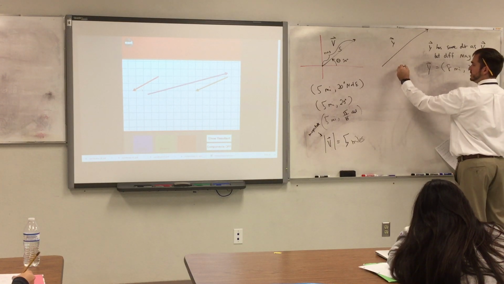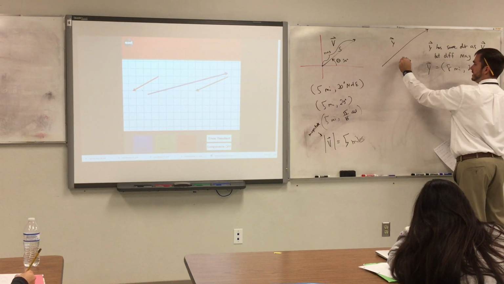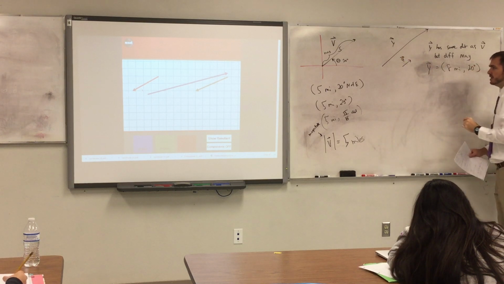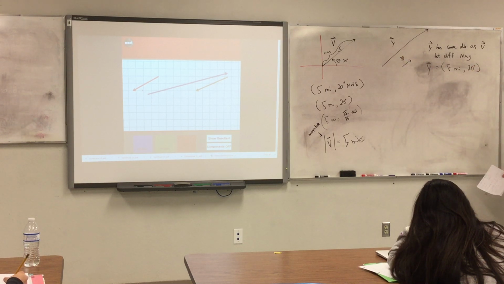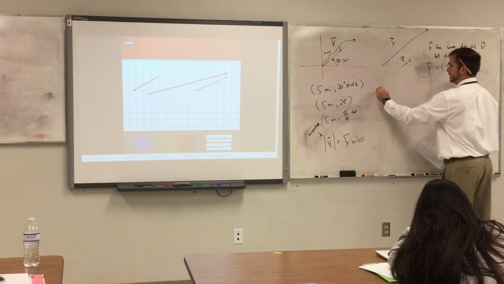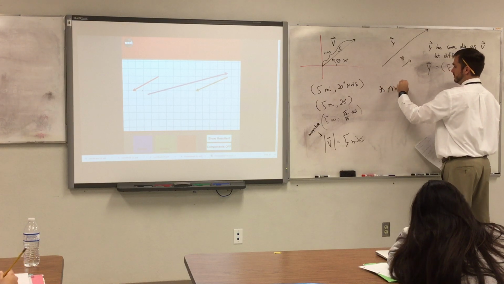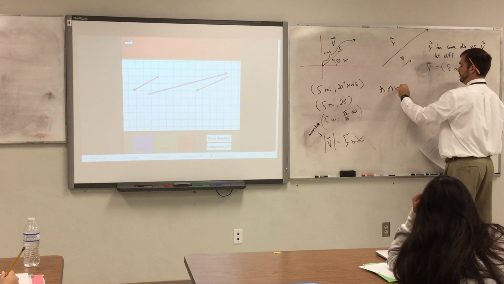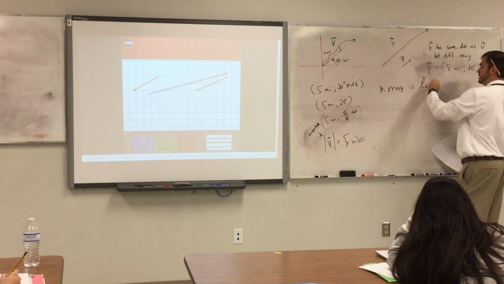What about vector z here, class? Same magnitude or same direction? Yeah, different magnitude, same direction. Y'all see what we're coming through here? So magnitude is length. Okay? So if you need to write that down, magnitude is the length.